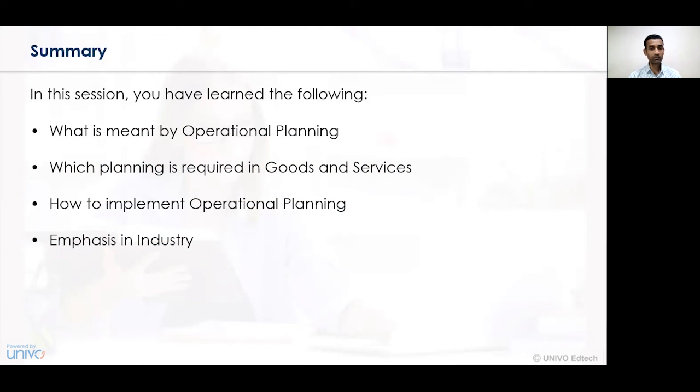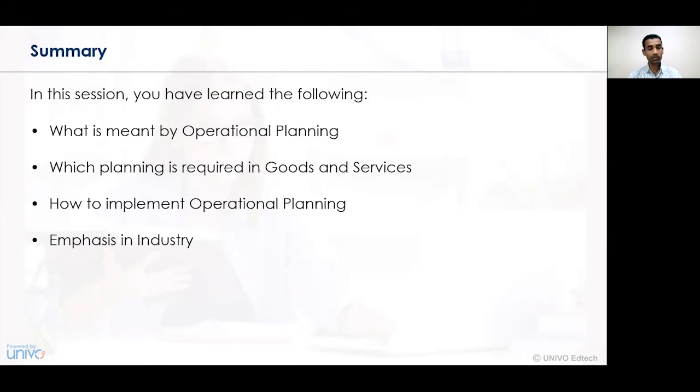Now let's quickly summarize what we have learned in this session. We have learned what we mean by an operational plan, and we have understood its meaning. Then we have seen what planning is required in the planning of goods and services. With respect to the step-by-step activity, steps 1, 2, 3, 4, 5, and 6, we have seen the various steps and activities that one has to follow and how an operational plan can be implemented in an organization.